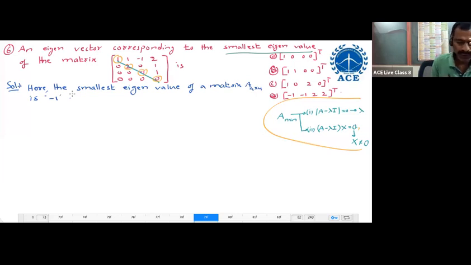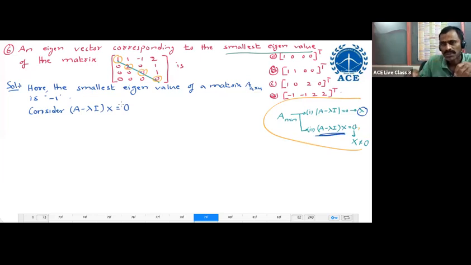So corresponding to minus 1, we have to find the eigenvector. Already we know the eigenvalue lambda. So directly consider this homogeneous system, solve it for a non-zero solution. Right? Now let us consider the homogeneous system (A minus lambda I) x equal to O.